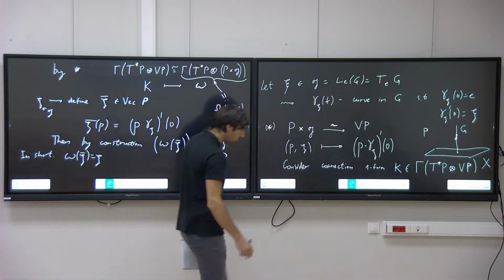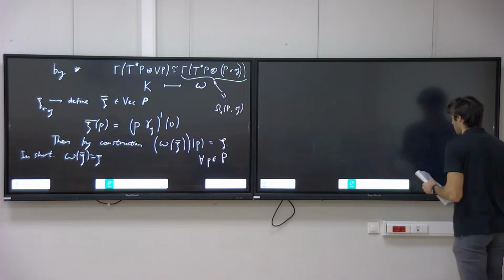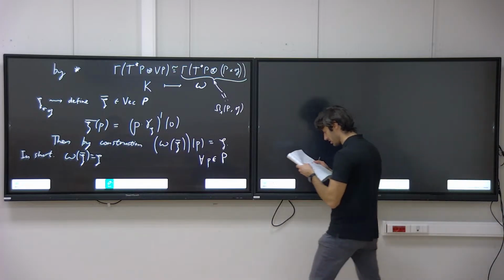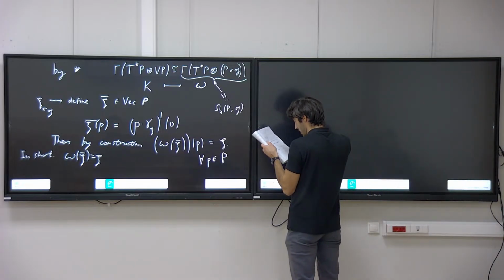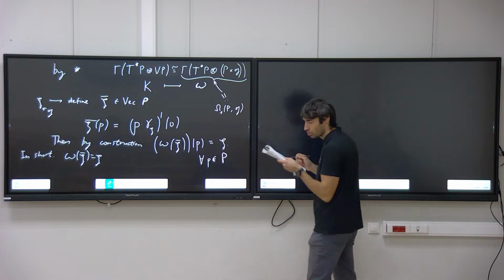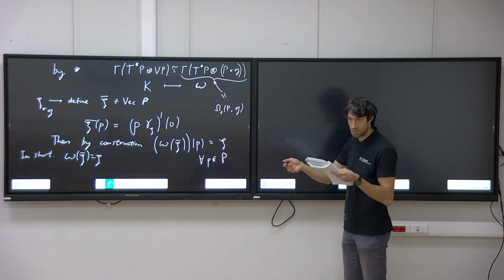Another one, for which we should work a little bit, concerns what's called the adjoint action of a group on a Lie algebra.